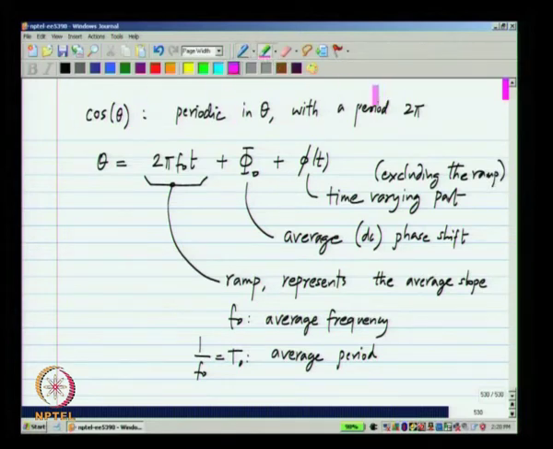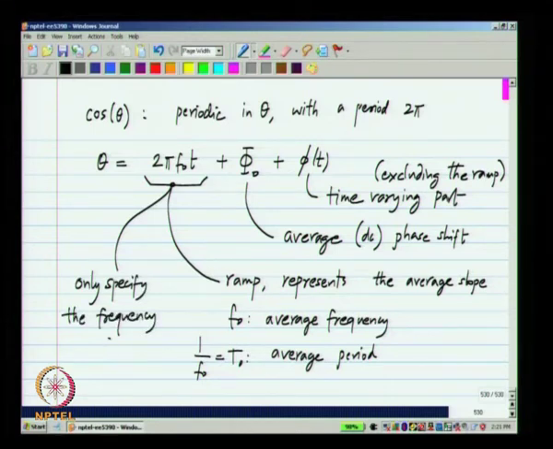So, to specify a signal that is periodic in time with some deviations, all we have to specify are these numbers. In fact, for the first number you only have to specify the frequency f naught. So, you have three parts to it.